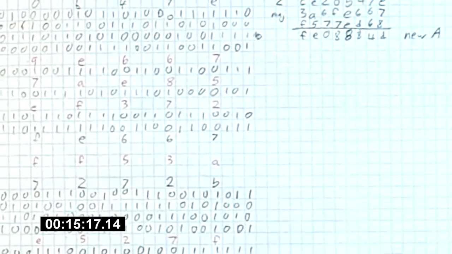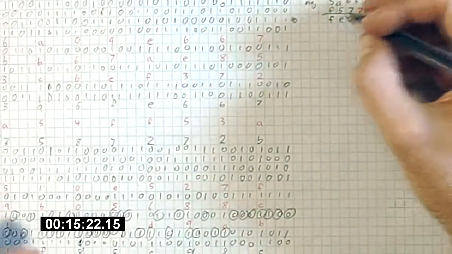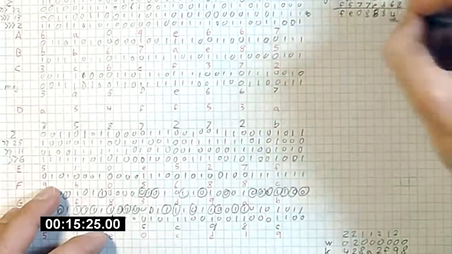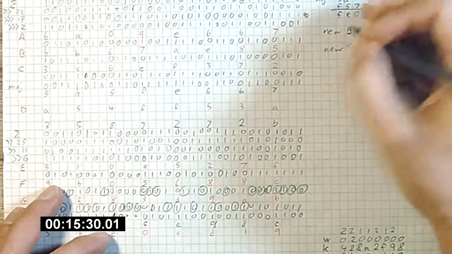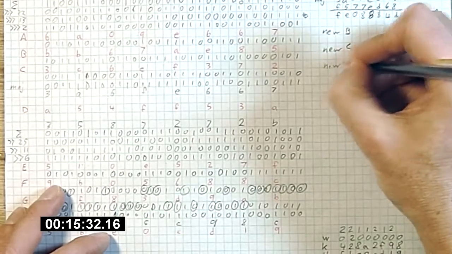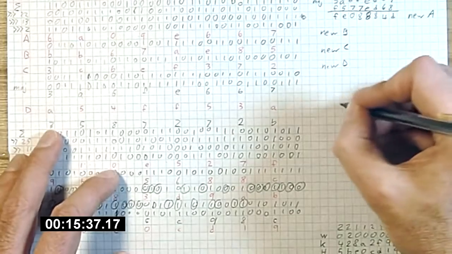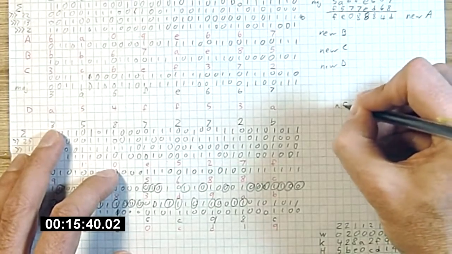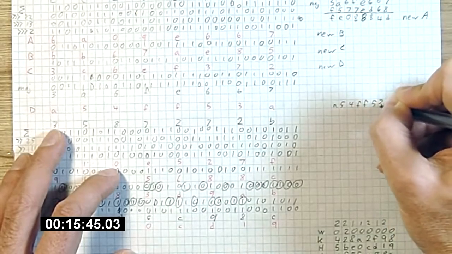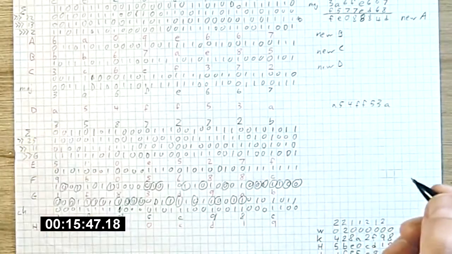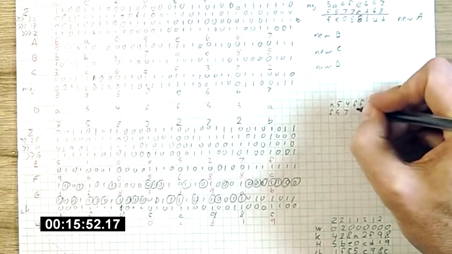So after all this work, we've calculated one of our new values for the output. Now the new B is simply the old A value. Easy. New C is simply the B value. New D is our old C value. And now to compute our new E value, we're going to take D, which is A54FF53A, and we're going to add our previous sum, which was F577ED68.